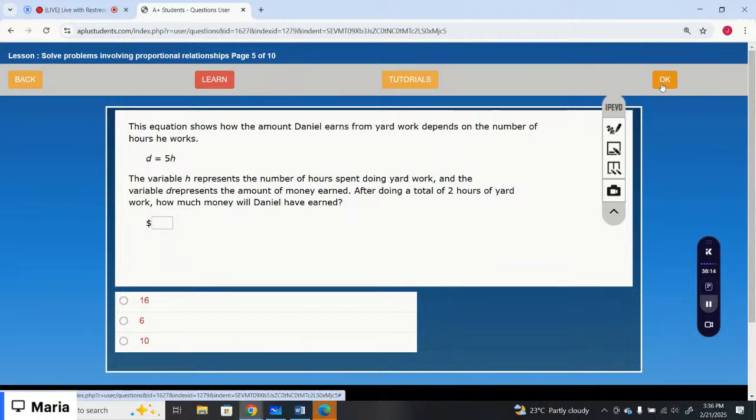Then option number 3 is the correct option.